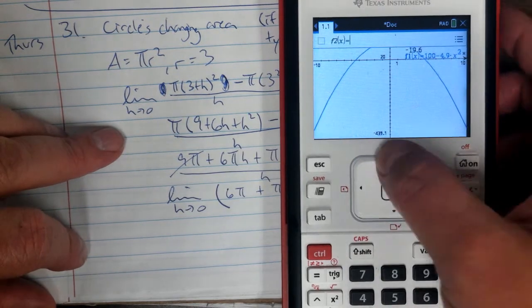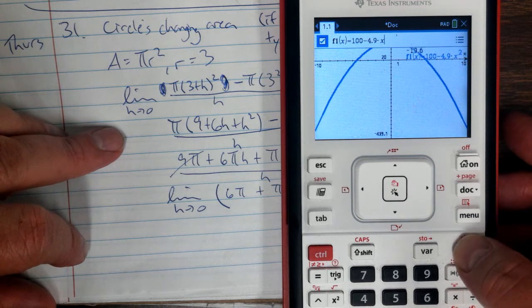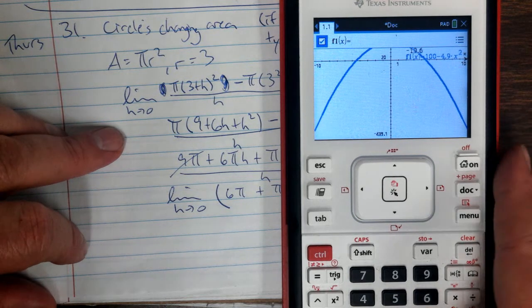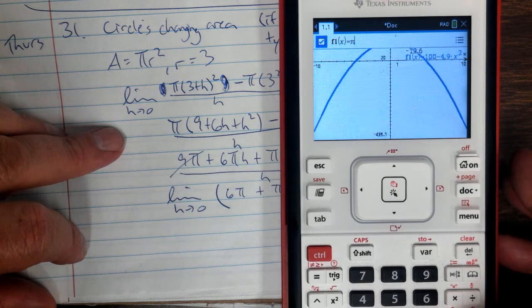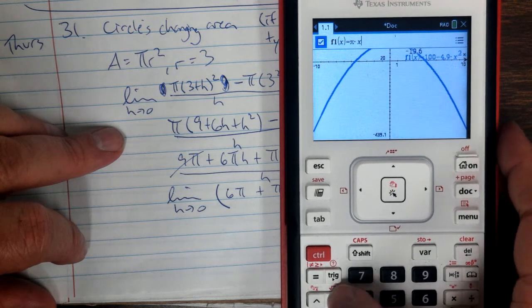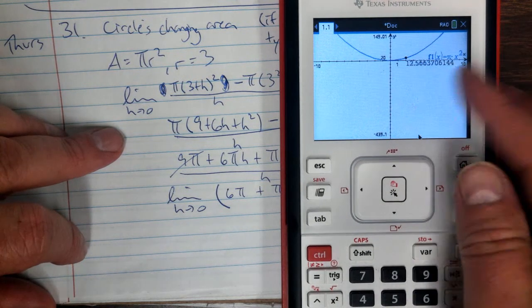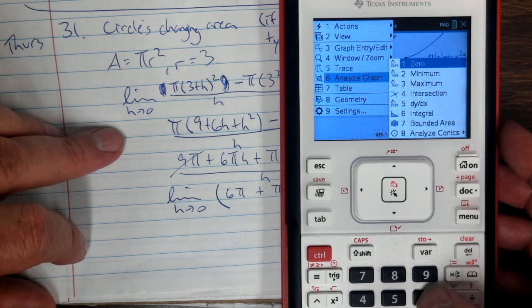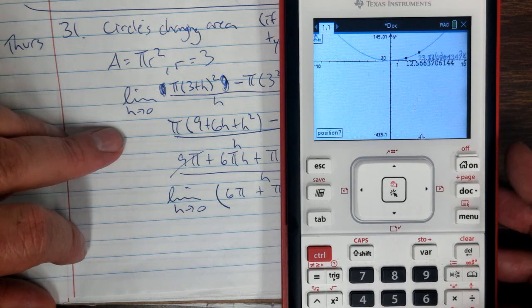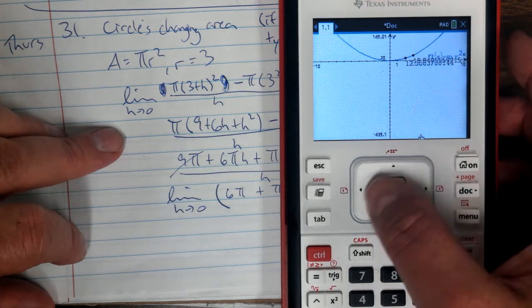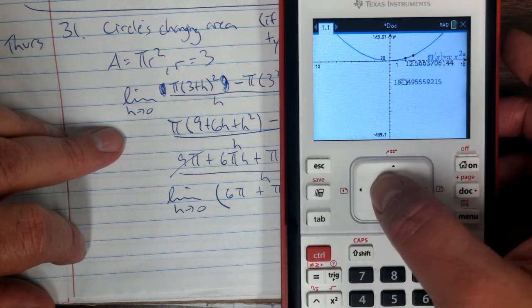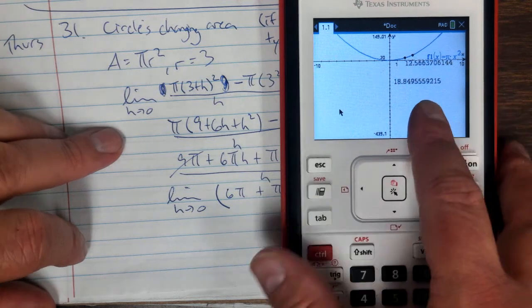If we say pi times x squared, and then do position 3, menu, analyze, dy dx at 3, that gives us 18.85.